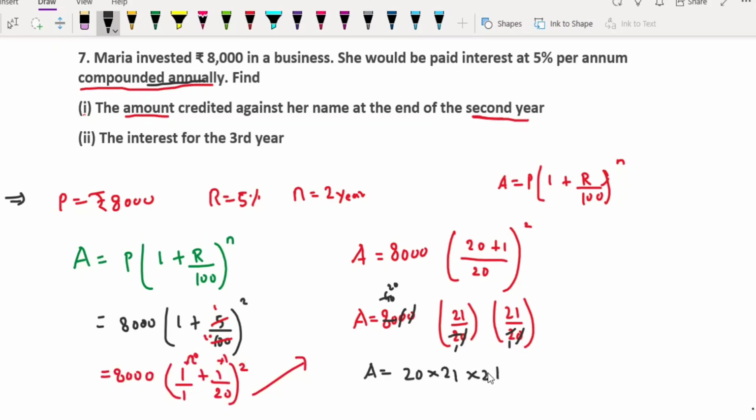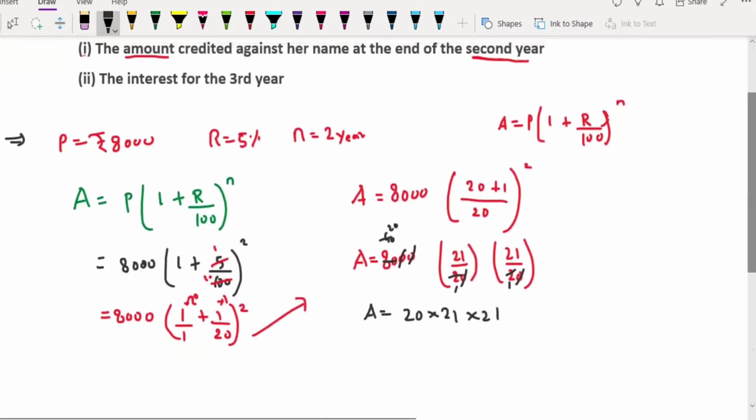Let us multiply and get the value. If you multiply all those values, we will get the amount as 8,820 rupees.